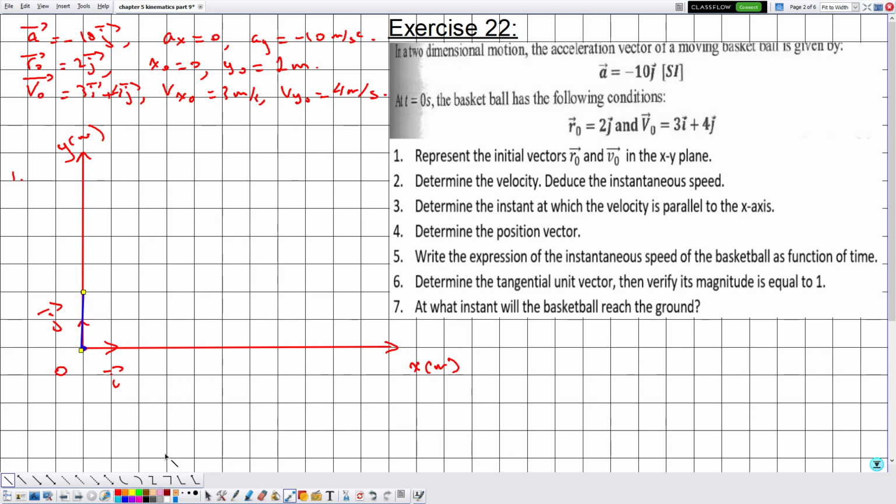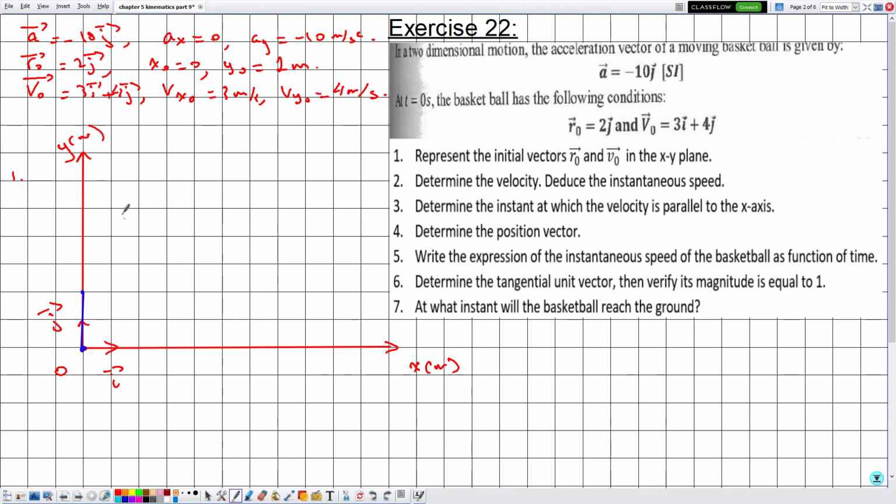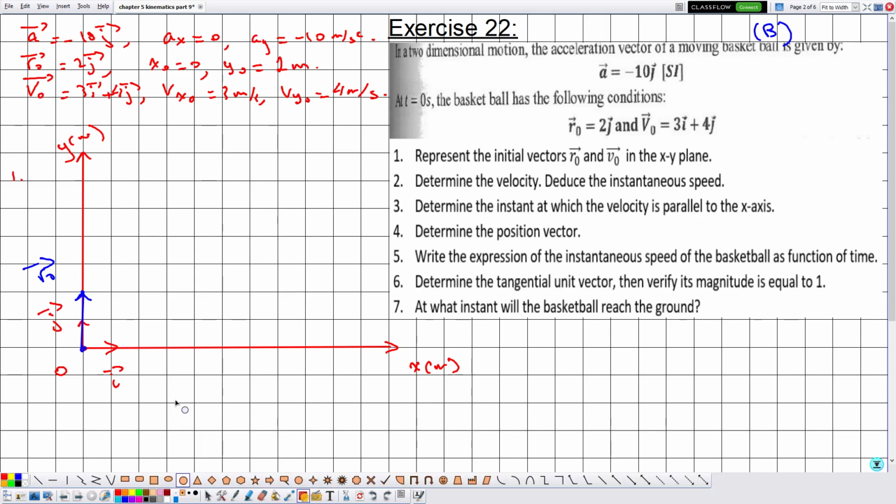This is the head, represents r0. So what do we benefit from r0? If this basketball is being labeled, for example, by B, then the basketball at the instant t0 is being located at this point. So here we have the basketball. So let me draw a basketball here.